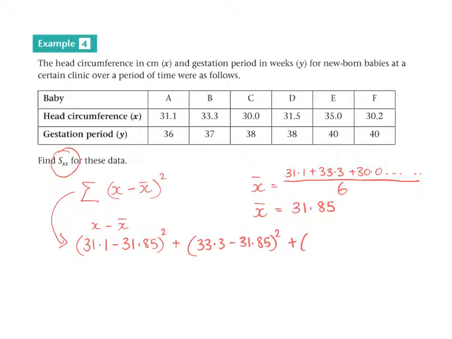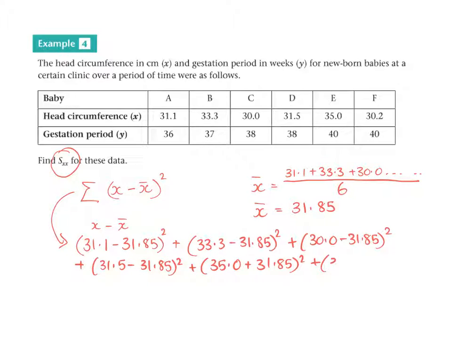Then 30.0, take away the mean and square, 31.5 and square, and the last piece of data.